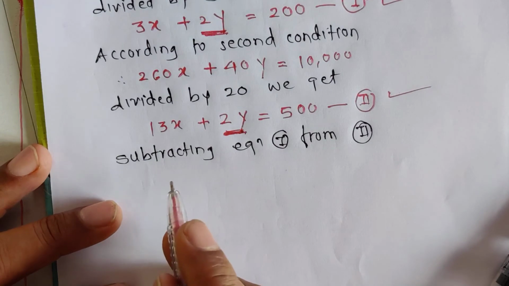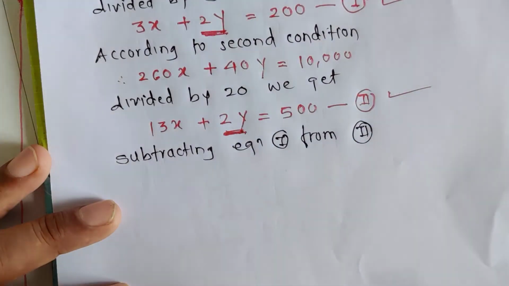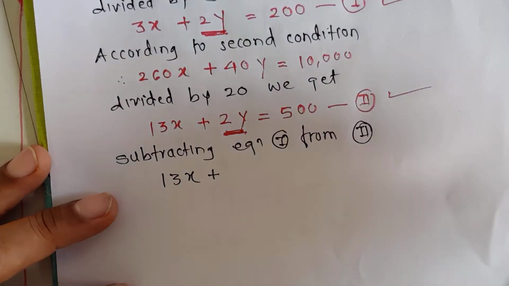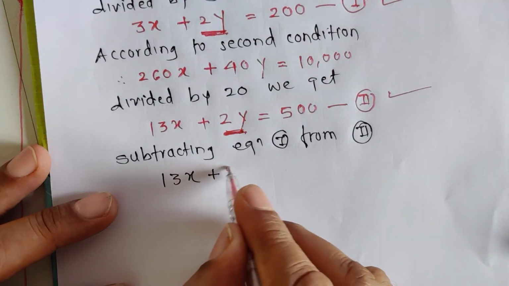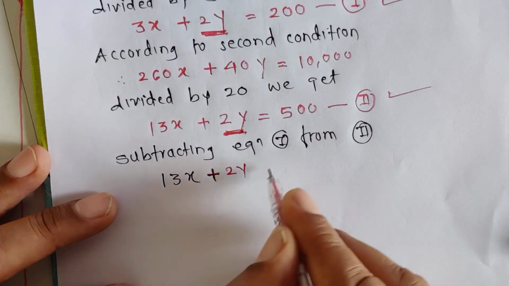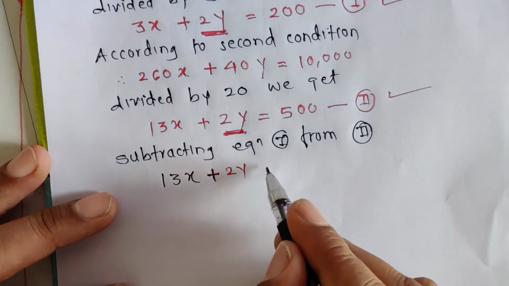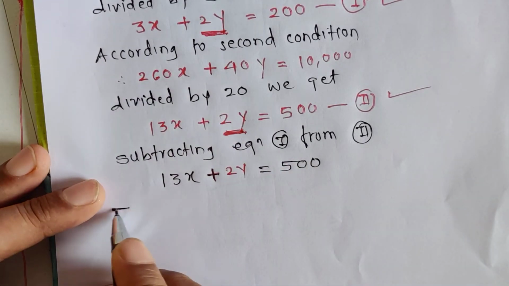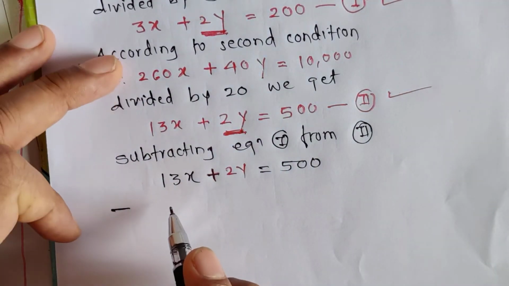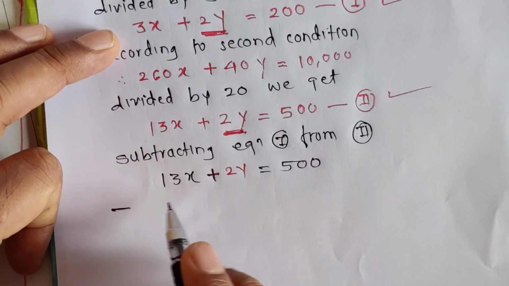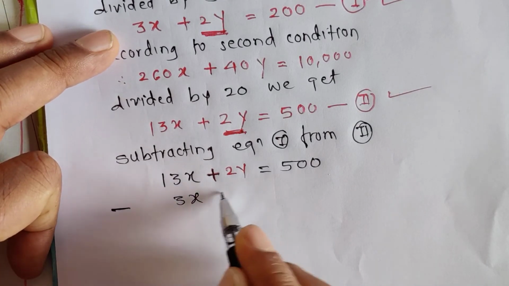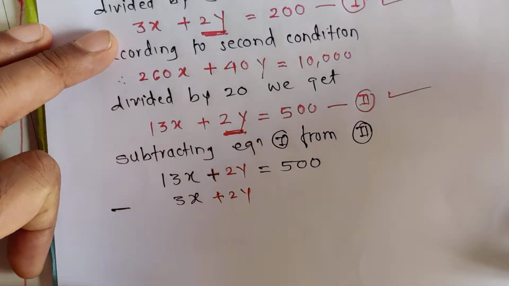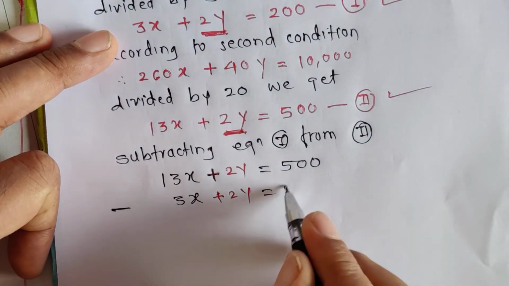So write equation number 2 first. This is 13x plus 2y is equal to 500. This is equation number 2 minus equation number 1, which is 3x plus 2y is equal to 200.